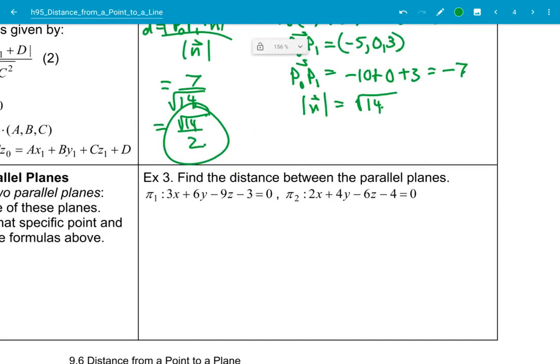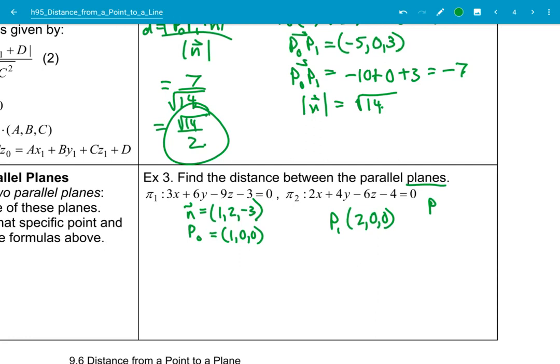Find the distance between the parallel planes. So we have parallel planes, so we have the normal. So the normal we'll use, we'll reduce it. We just need the right proportion. So it's 1, 2, and negative 3. That's what we'll use as a normal. P naught's from this plane, so we'll use 1, 0, 0. P1 is from this plane, and so we'll use 2, 0, 0.